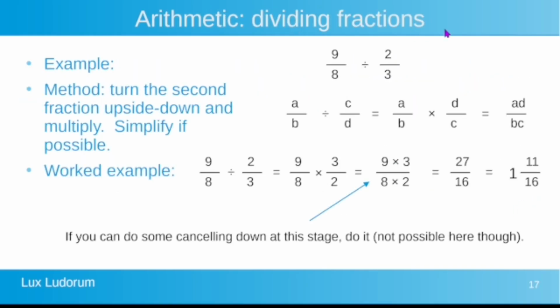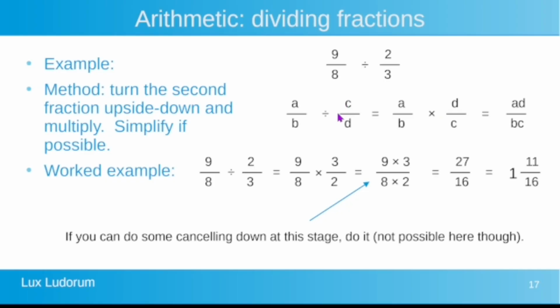Dividing fractions. Example: 9 over 8 divided by 2 over 3. The method is to turn the second fraction upside down and then multiply. Simplify if possible. So given A over B divided by C over D, that's equal to A over B multiplied by the second fraction upside down.